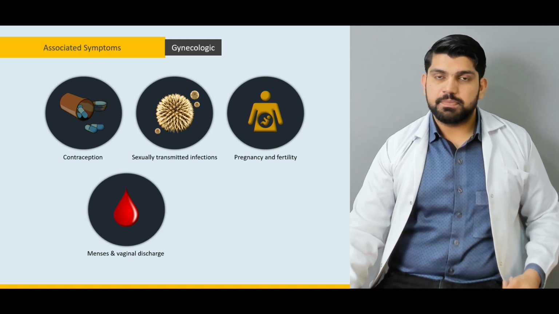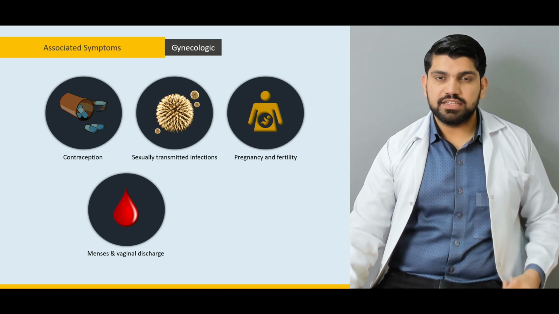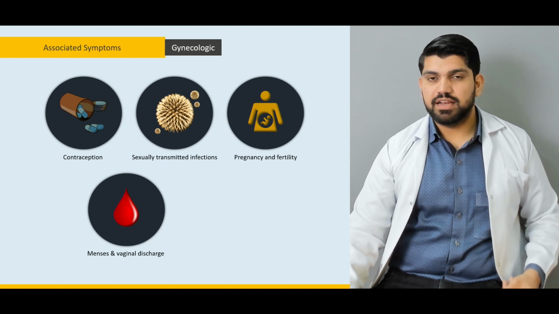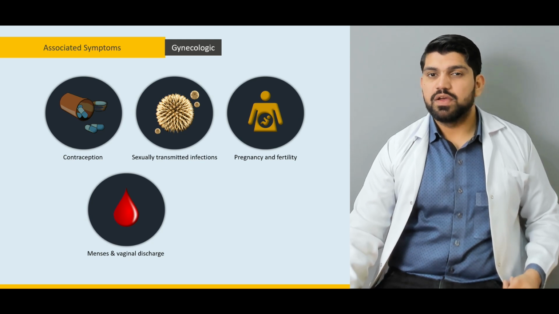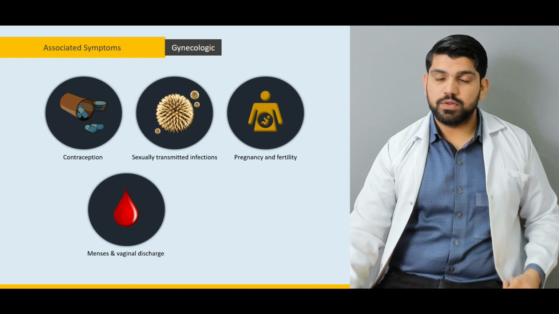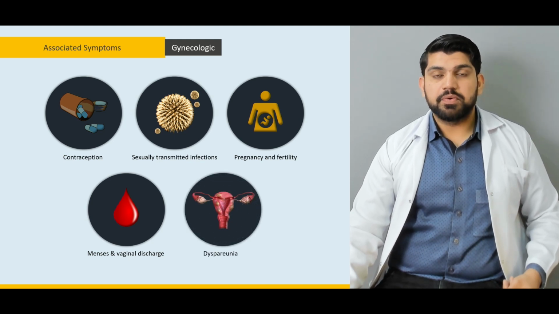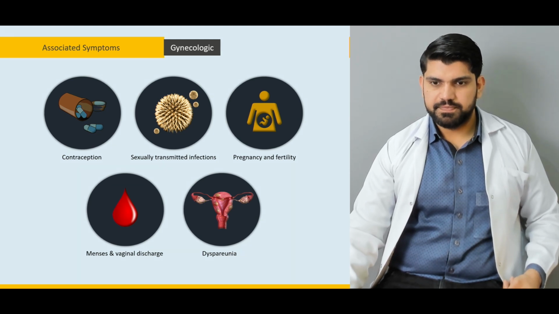Sometimes there is mid-cyclical pain in females, which is common, halfway through the routine cycle, and during or after menses; they can present with abdominal pain. Dyspareunia, painful intercourse, can also present with abdominal pain.